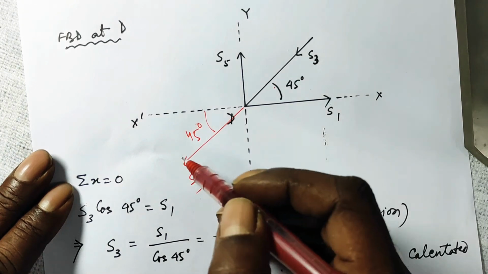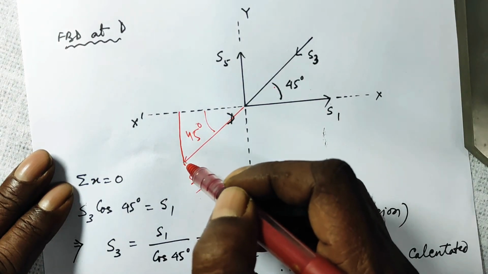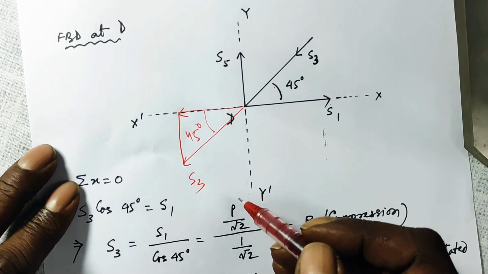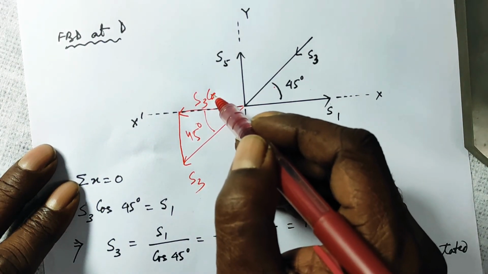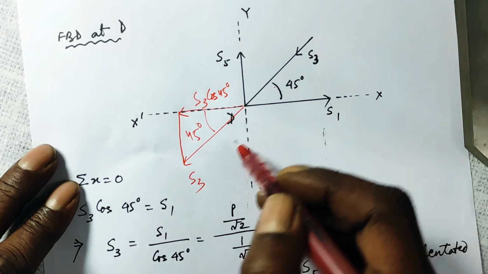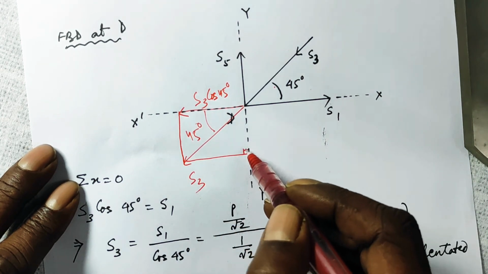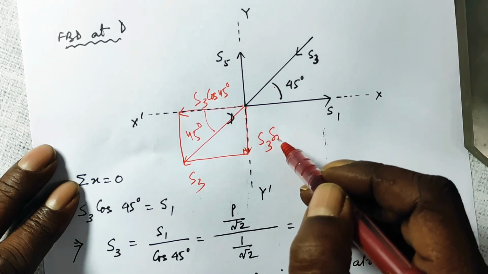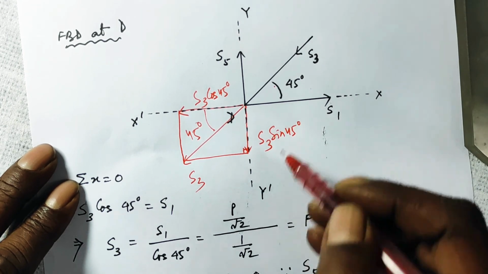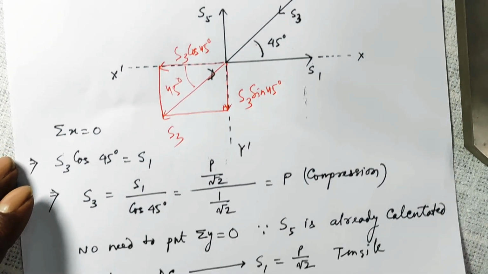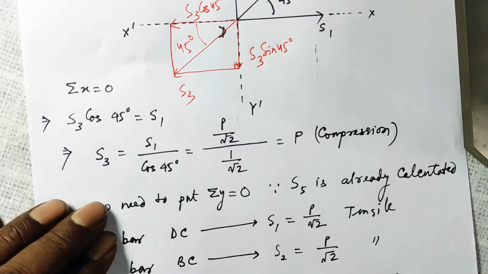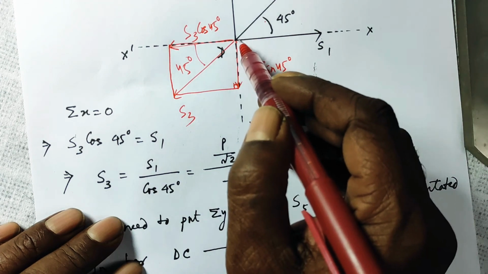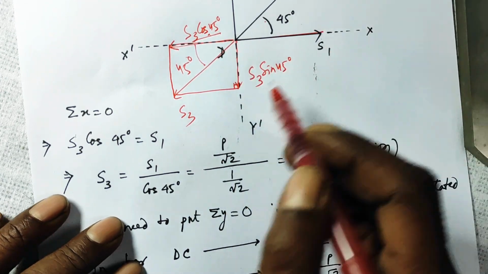So if you drop a perpendicular from this point to this point, it will be your S3 cos 45. If you drop a perpendicular here, it will be your S3 sine 45. So sigma x equal to 0 means your S3 cos 45 will be equal to S1.